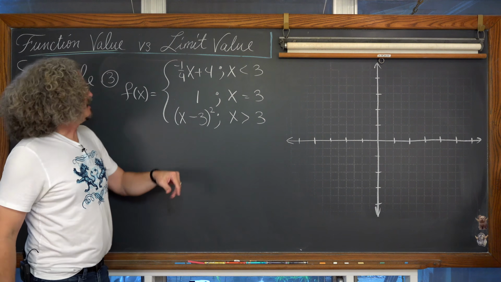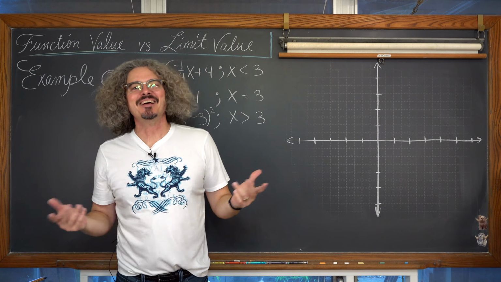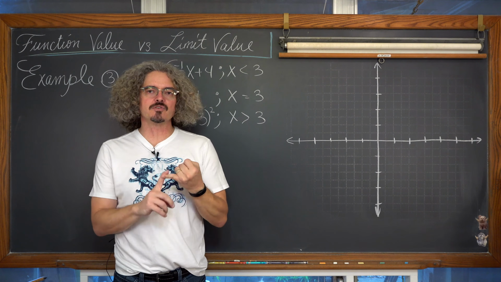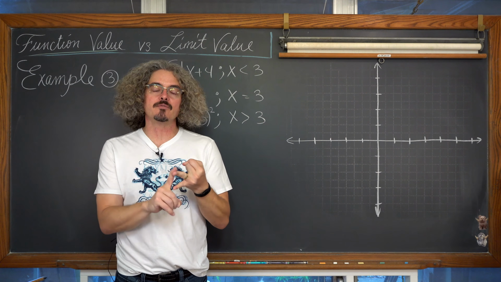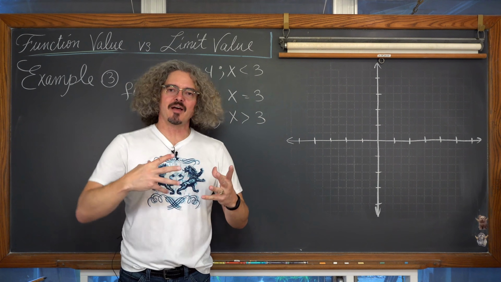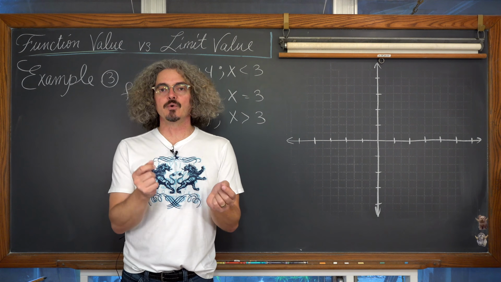Well, as we look at this, I stated earlier that if a function is continuous, then the function value and the value of the limit statement at that same value of x are going to be equal. The interesting stuff happens when a function potentially has a discontinuity.